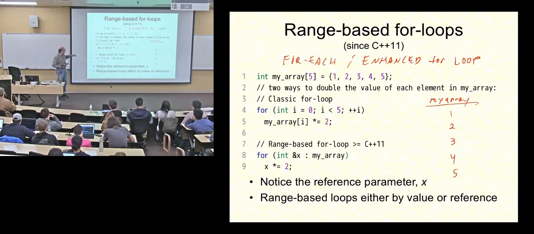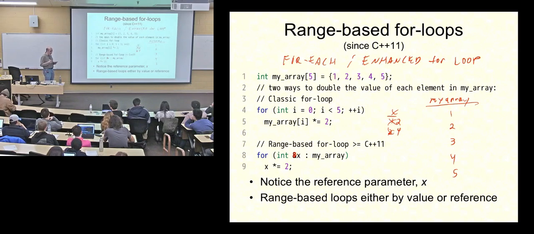The reference is really important, because if I get rid of that reference, x is equal to 1, x changes to 2, x is equal to 2, x changes to 4, and the array never changes. If I leave off the reference, all I'm doing is changing x over and over again.